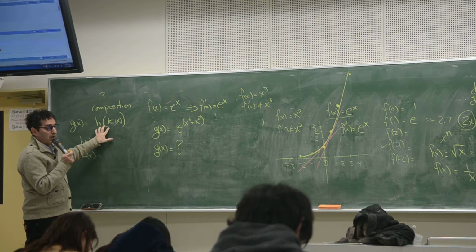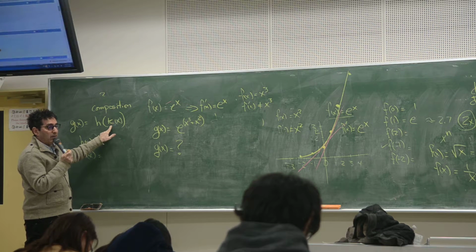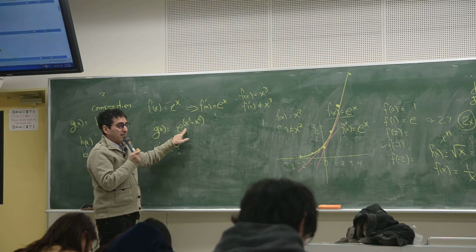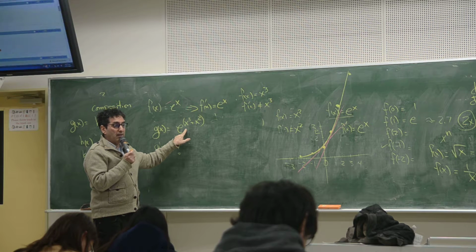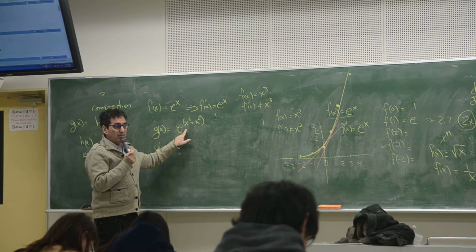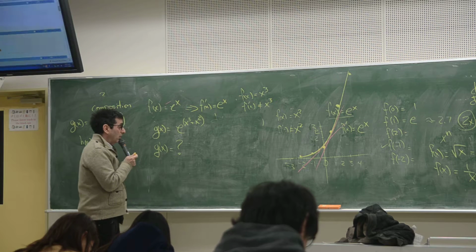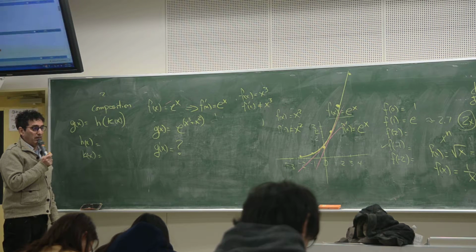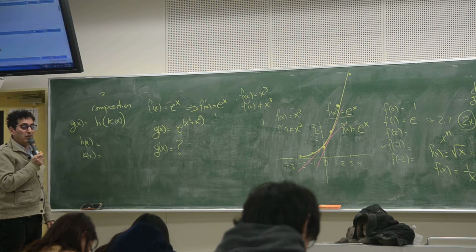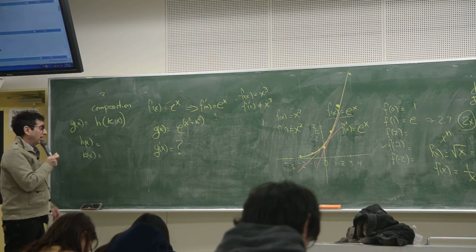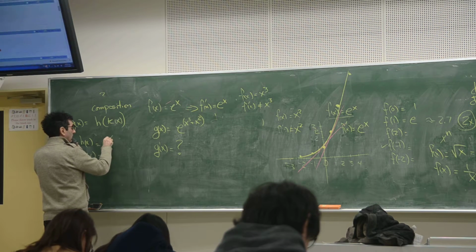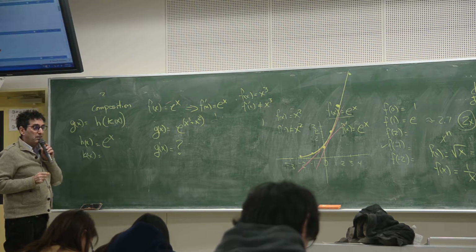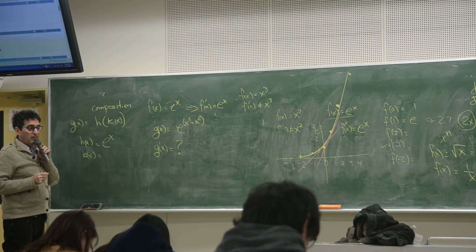The outside function is the h, and the inside function is the k, right? So I want to see this as the composition of an outside function and an inside function. So what would the outside function be? Oh, okay. E to the x, right. That's right. So the outside function is e to the x, and the inside function is what?